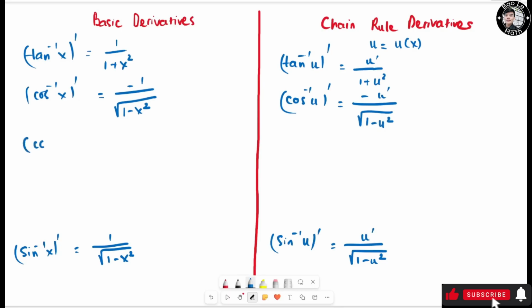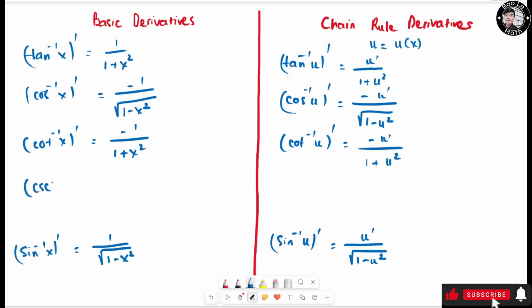(Inverse cotangent x)' equals negative 1 over 1 plus x squared. (Inverse cotangent u)' equals negative u' over 1 plus u squared. (Inverse cosecant x)' is negative 1 over x times square root of x squared minus 1.